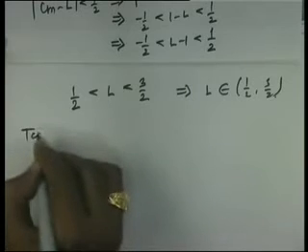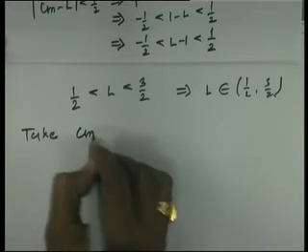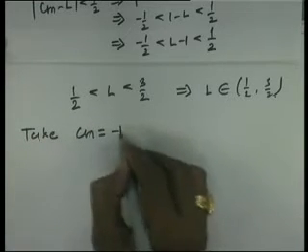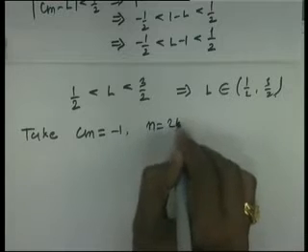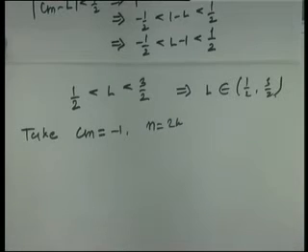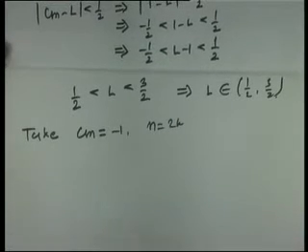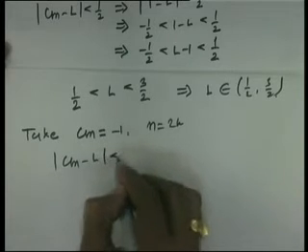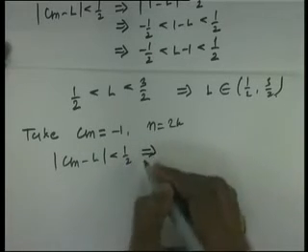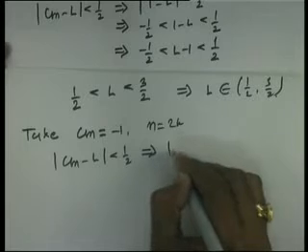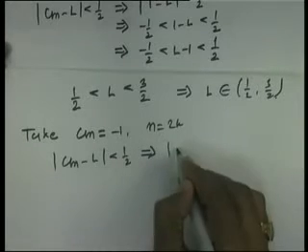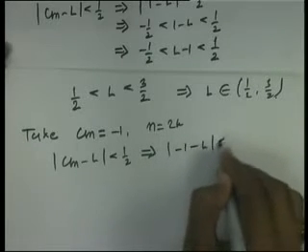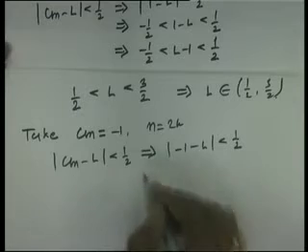Again, let us take a n is equal to minus 1, that means for all even indexes, we can see that modulus a n minus L less than 1 by 2 implies, here a n is minus 1, so modulus of minus 1 minus L less than 1 by 2.